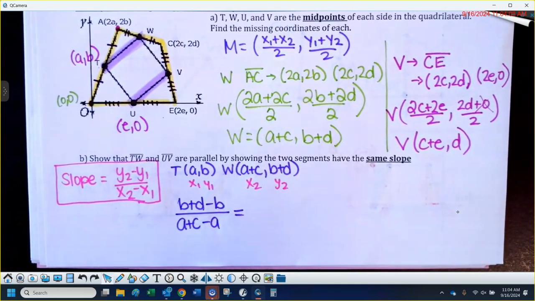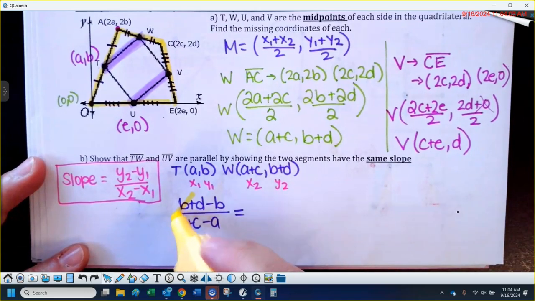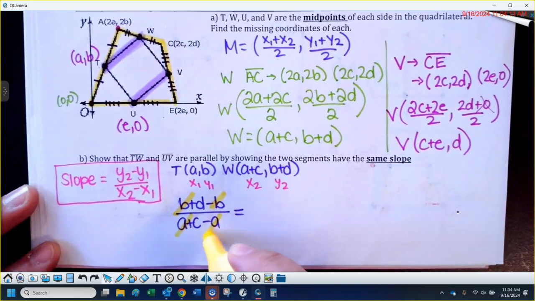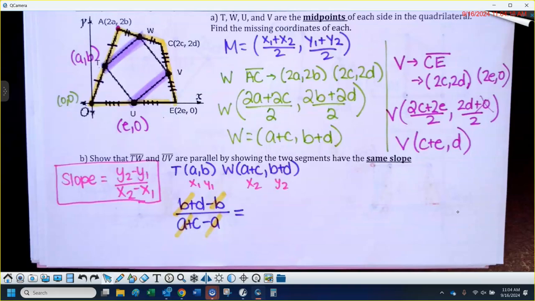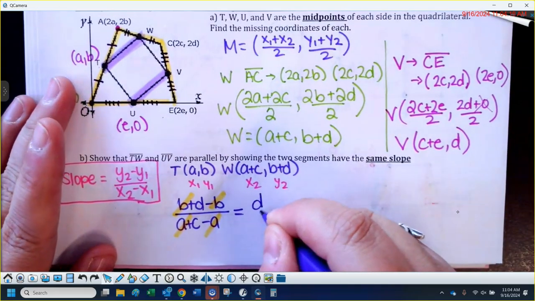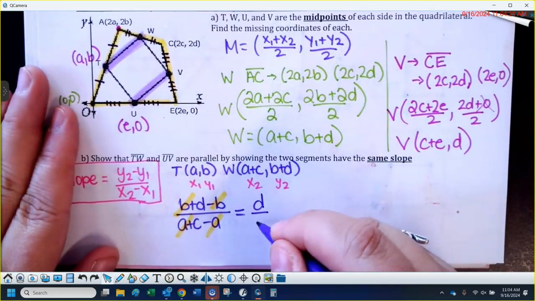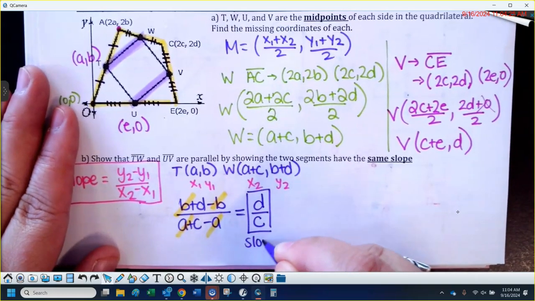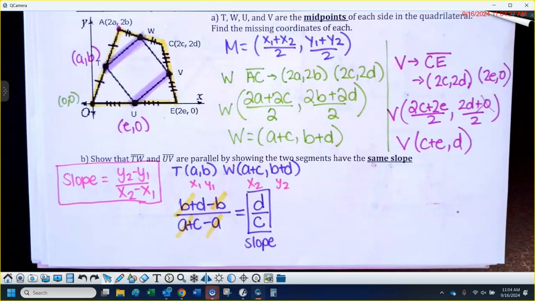So if I actually subtract that, I have a positive B here and a negative B across the top, so they would just cancel each other out. Same thing, A and negative A on the bottom cancel each other out. On the top, what I'm left with is D, and on the bottom, I have C. So that is the slope of the segment from T to W.